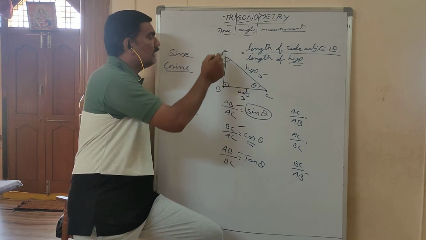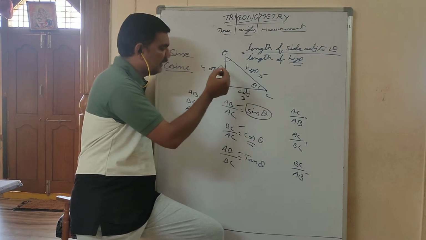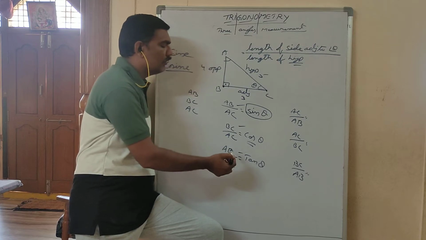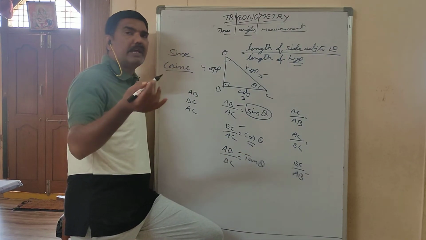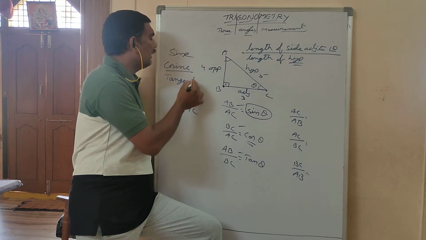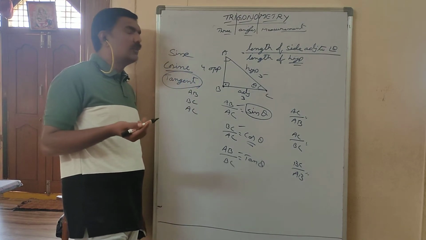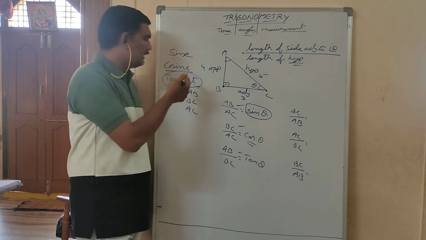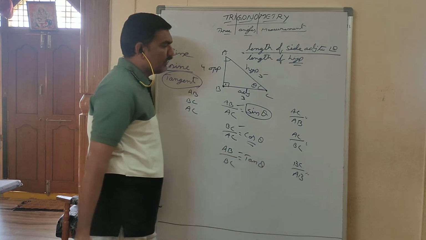For this theta, the opposite side is AB and the adjacent side is BC. AB by BC, this ratio value is nothing but tan theta. What is the full form of tan theta? Tangent. Maybe you have heard in physics also about tangents. We'll see later about it. So AB by BC is equal to tan theta.